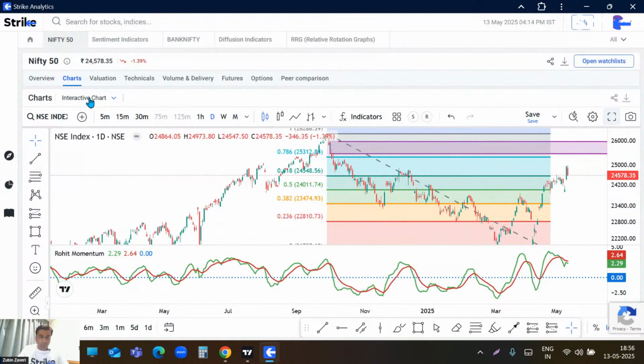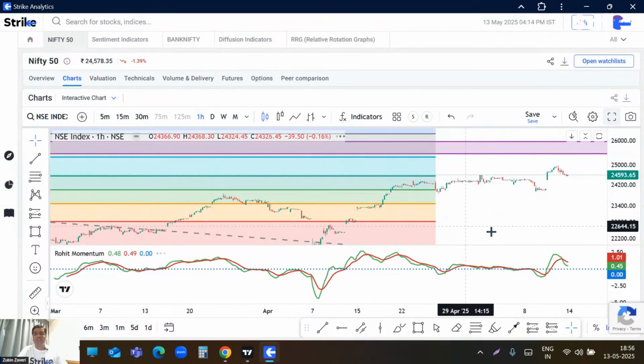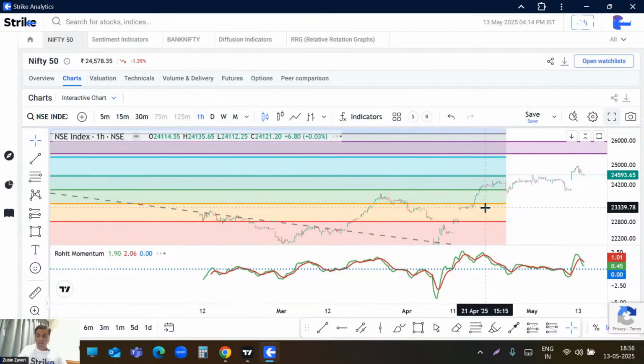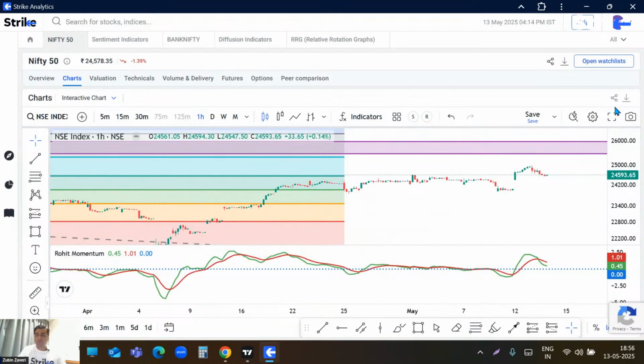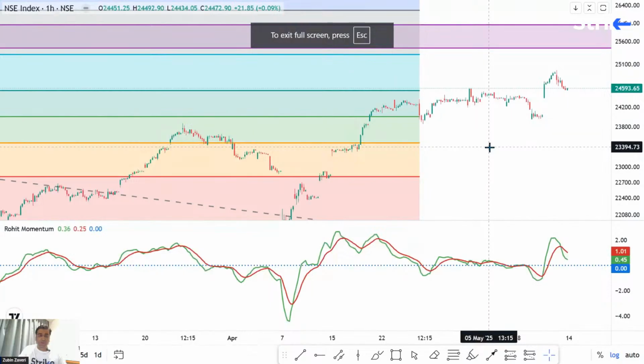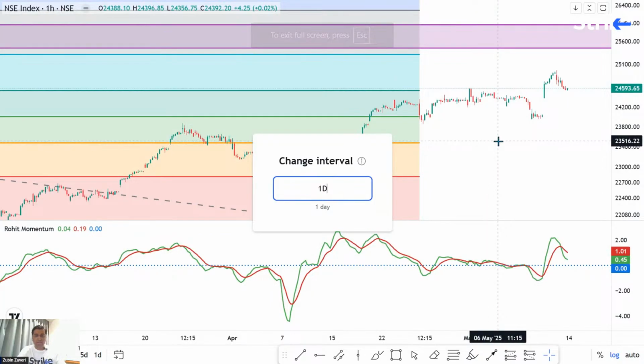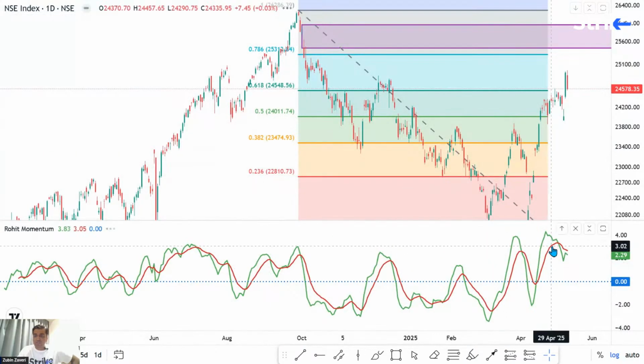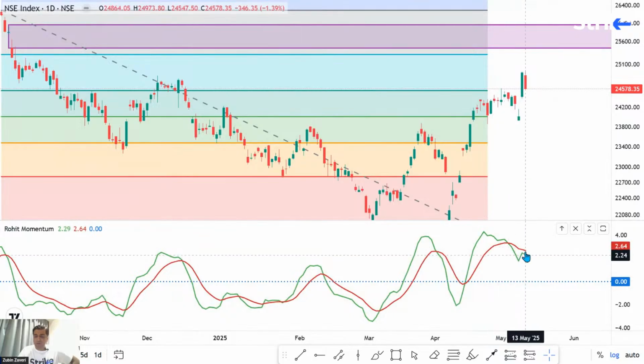Here it is an interactive chart, so you can go to an hourly chart also. If you are a short term trader, then we will look at the daily time frame. On the daily time frame, the RMI is in a sell mode.